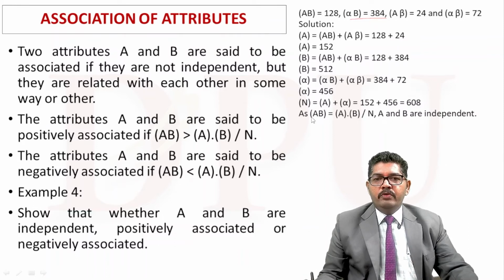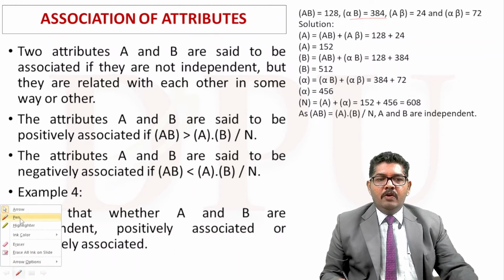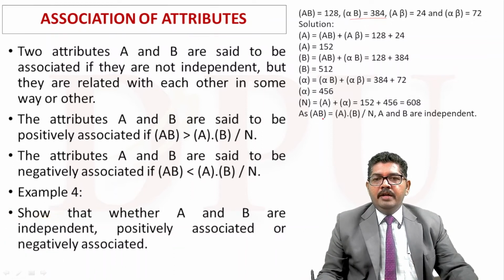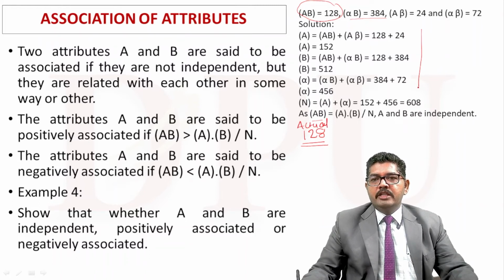We have to compare the actual frequency with the expected frequency. The actual frequency of AB is given as 128. So on the left hand side we have this actual frequency. Now let us calculate the expected frequency.